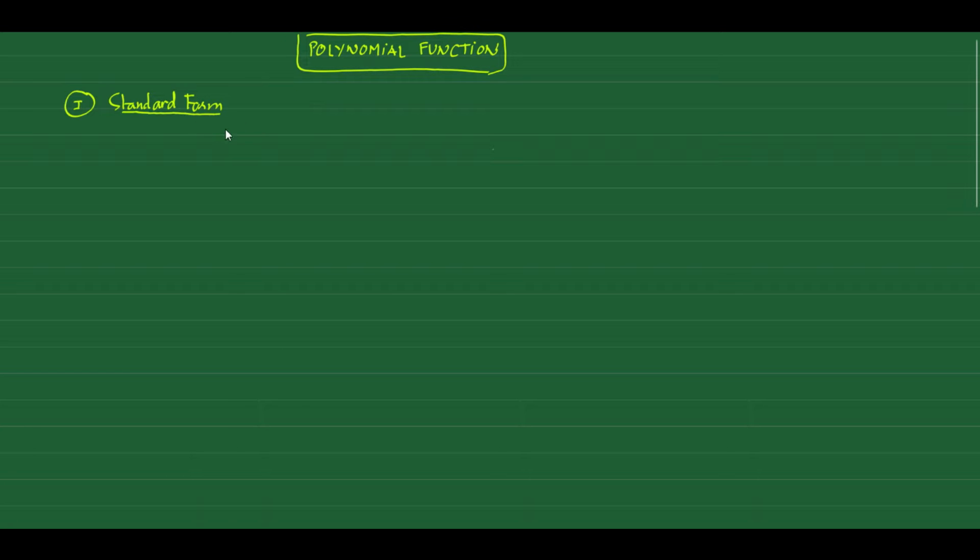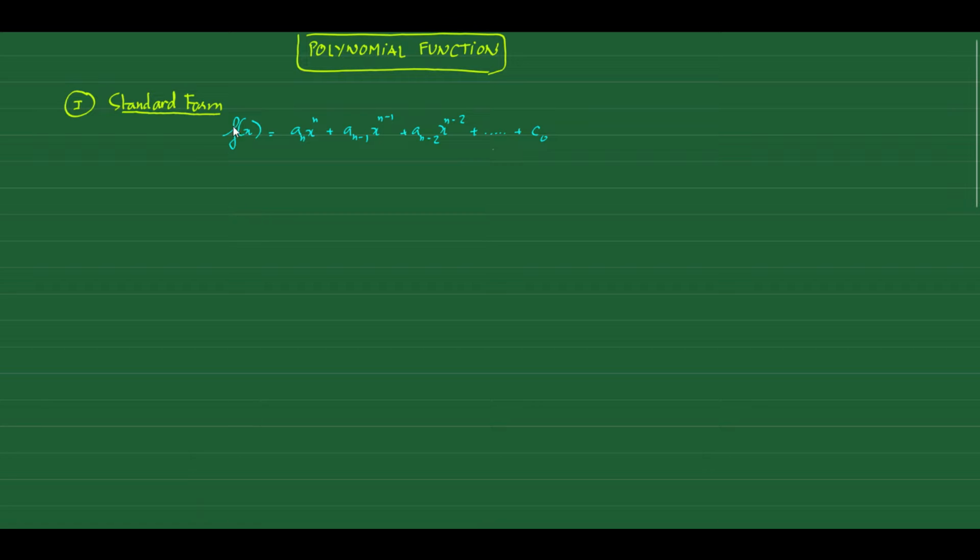So polynomial function looks like f of x equals a sub n x to the n plus a sub n minus 1 x to the n minus 1 plus a sub n minus 2 x to the n minus 2 plus ... plus c sub 0.